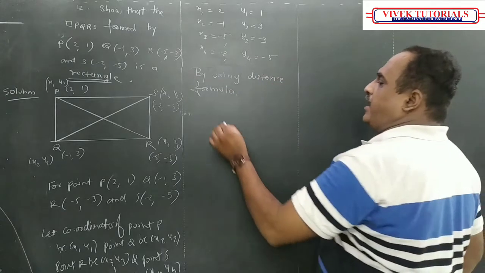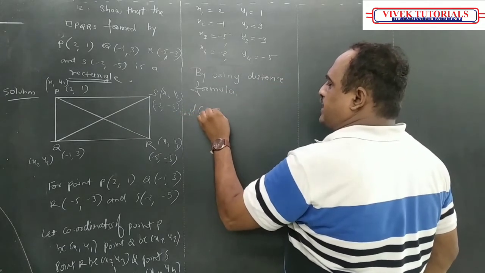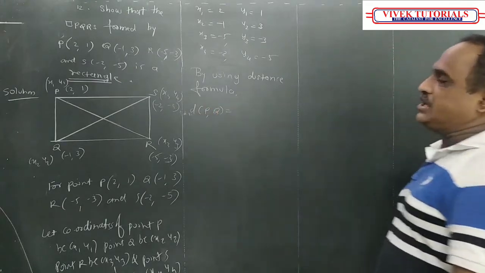So first of all, we find distance PQ, meaning the length of side PQ.